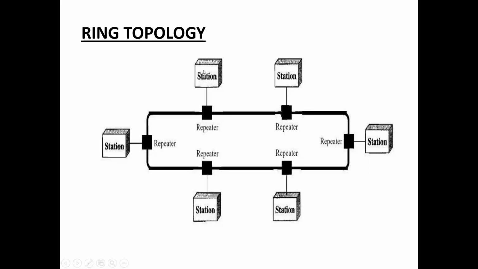Each station has a point-to-point connection with only 2 stations on either side of it. Suppose station 1 has station 2 on one side and station 3 on the other side.